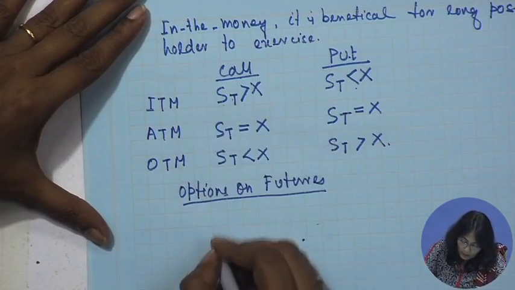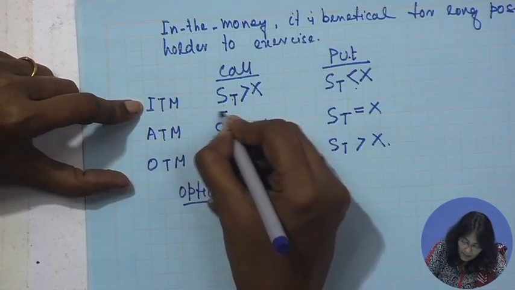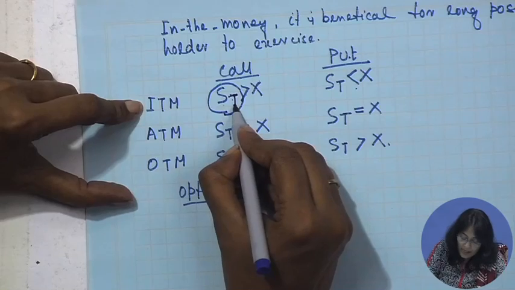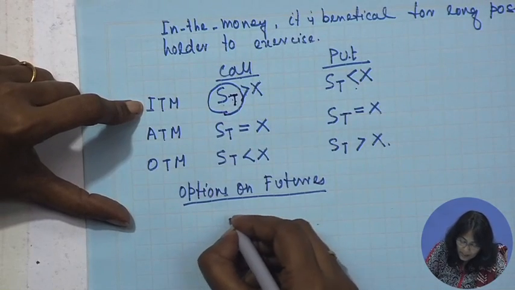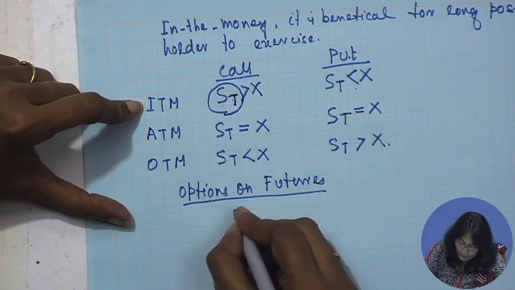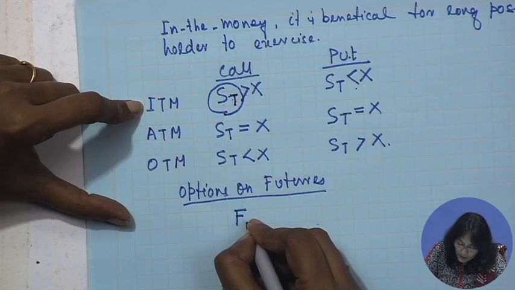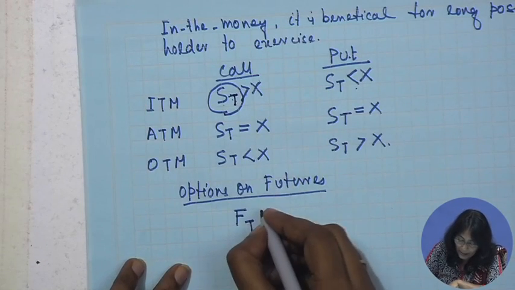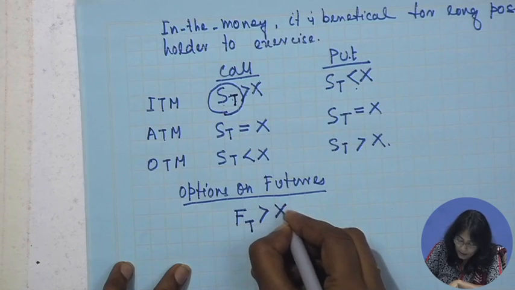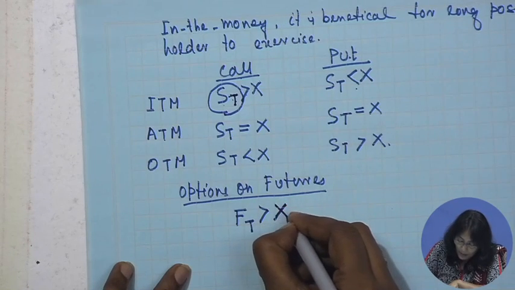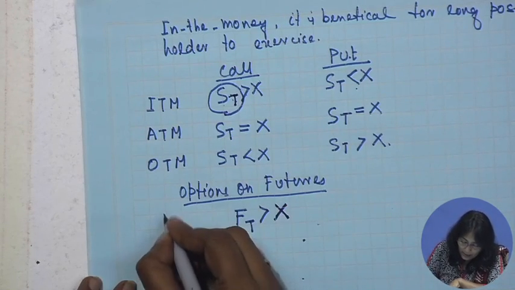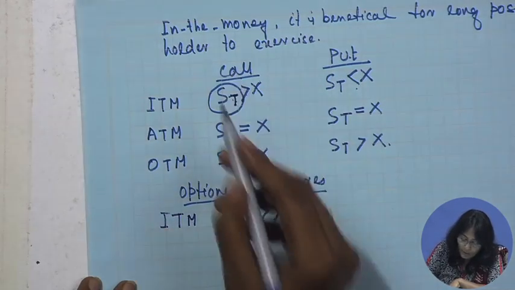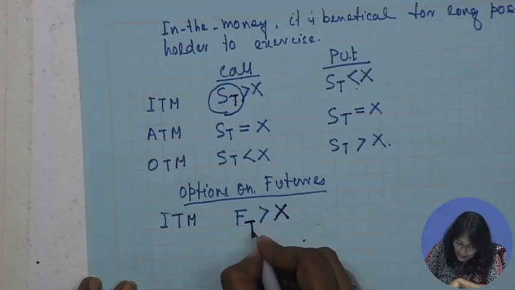In place of ST, it is not the spot price of the underlying, we replace it with FT, that is the futures price prevailing on the option expiry date. If it is greater than the exercise price, then it will be in the money and the long call option holder will exercise.